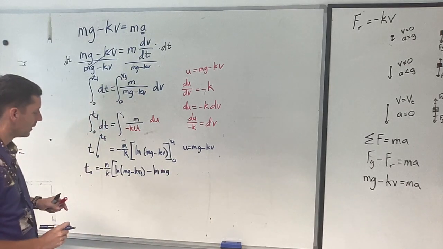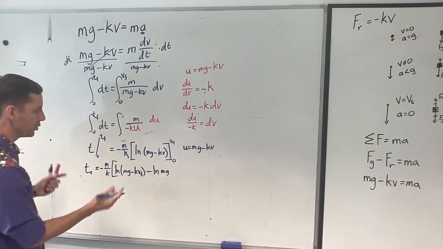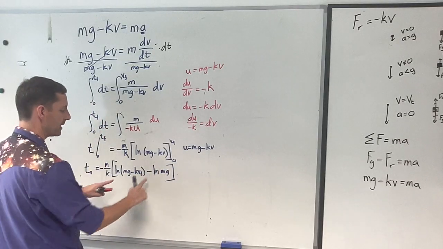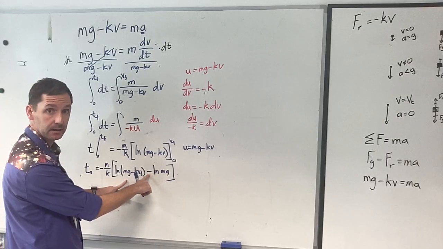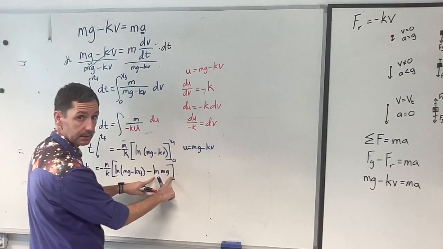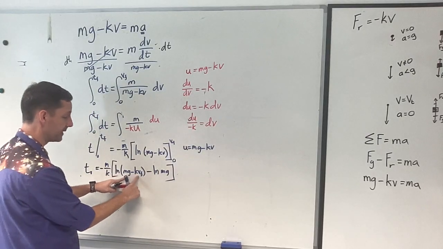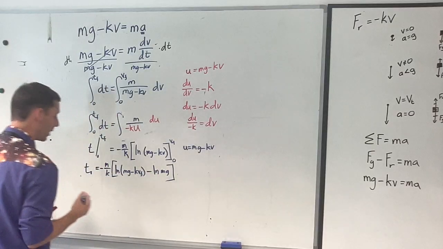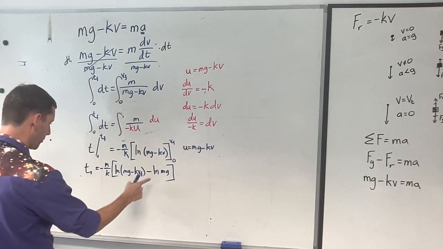All right. From there, you can do this in a couple of different ways, but probably the easiest way, if you know your natural log rules, if you have this minus that, it's the same thing as natural log of this divided by that, right? And so I'm going to go ahead and do that.